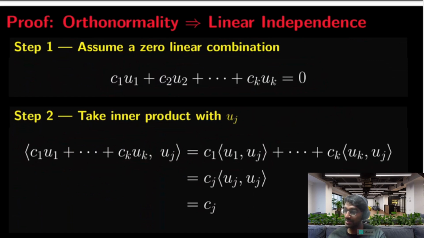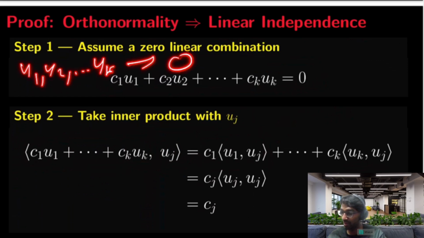Now, the set of vectors u1, u2, u3, dot dot dot uk are orthonormal. Why? Because we have to check whether orthonormality implies linear independence or not. So first our case is that the set of vectors u1 through uk is already orthonormal. We just have to check whether it is linearly independent or not.